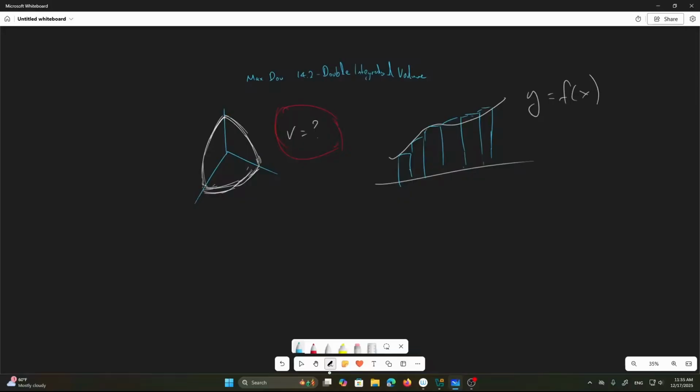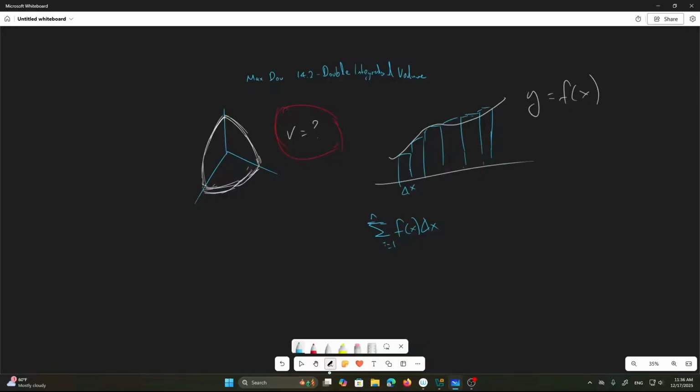How this works is that these widths, which we will call delta x, we can sum the areas of all these smaller rectangles up together as f of x delta x, over these n rectangles. And what we'll find is that as we sum these areas, we'll get a result that's pretty close to the actual area under the curve.